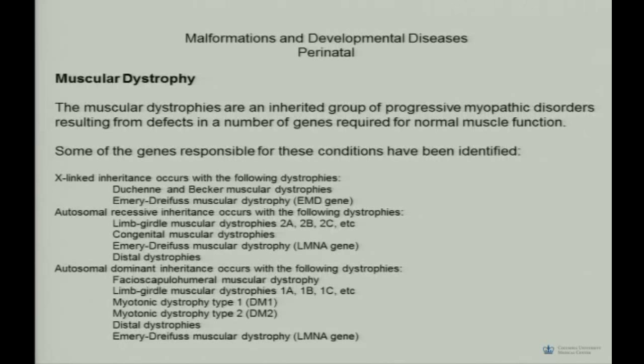Muscular dystrophy is actually a group of disorders that are inherited, and they involve progressive derangement in large muscle groups of the body. So muscle starts to physically break down, and in all of these disorders, the structural integrity of the muscle is abnormal in some way, and it causes it to start to break down.